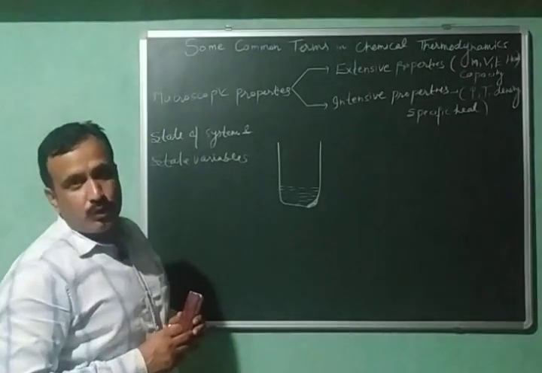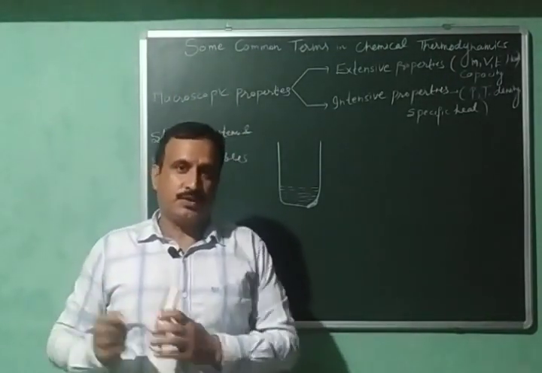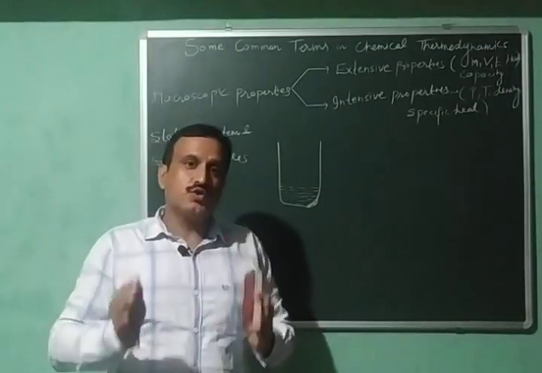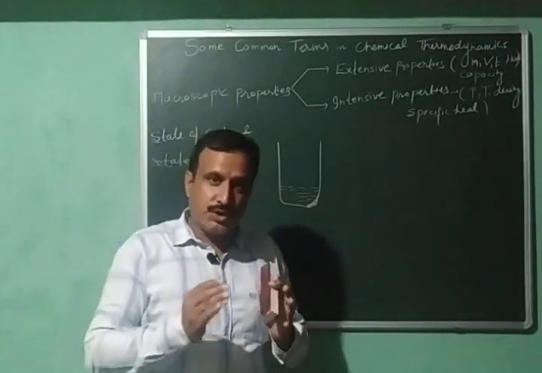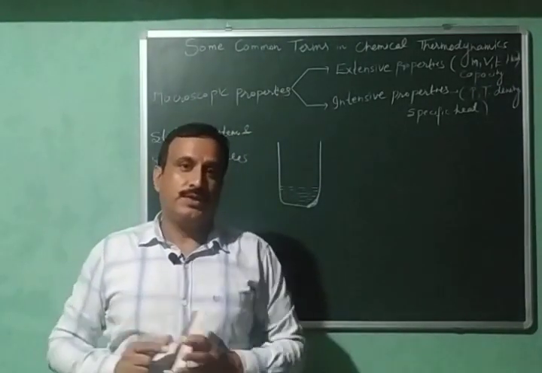So in my previous videos I told you what is a macroscopic system. A macroscopic system is a system composed of a large number of particles, and the properties associated with this system are called macroscopic properties.